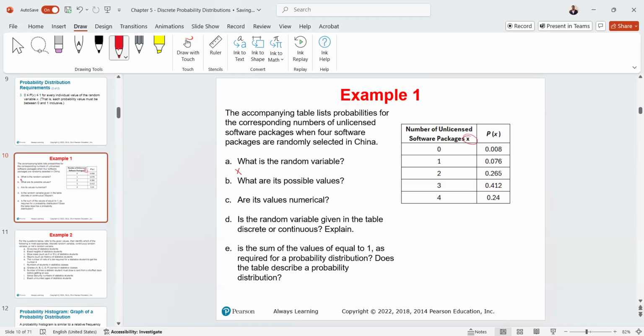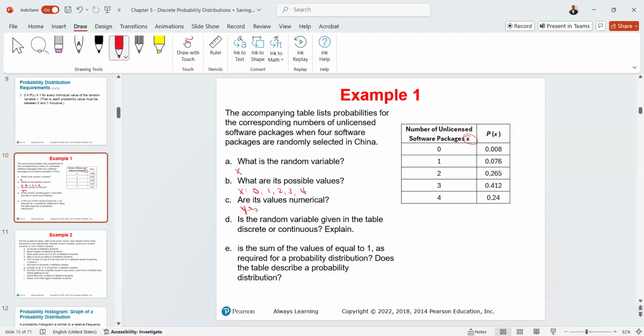And the possible outcomes for this, x can be 0, 1, 2, 3, and 4. Do you feel like those 0, 1, 2, 3, 4 are numerical? Yes, the values of the random variable x are numerical.